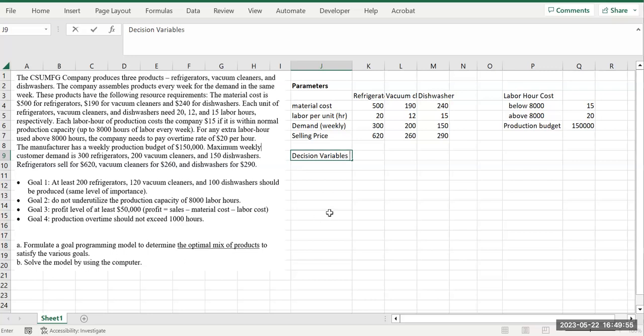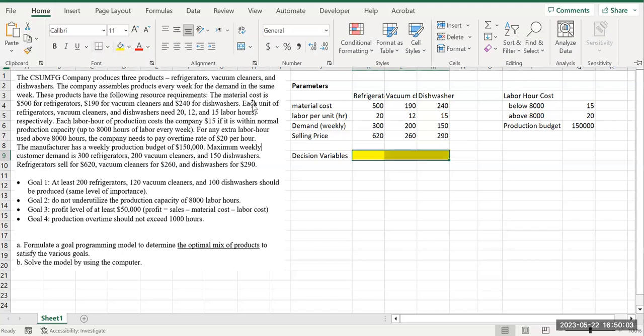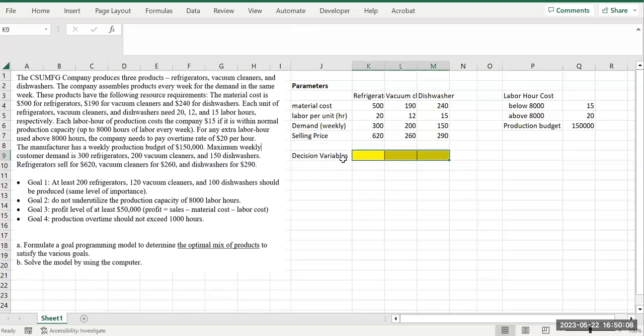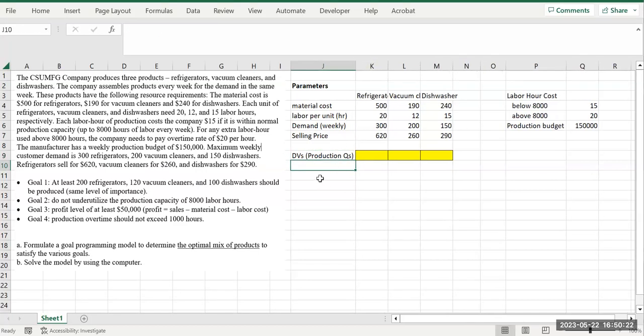So decision variables, or DVs, are the production quantities for each one of these 3 products, the amount that needs to be produced.